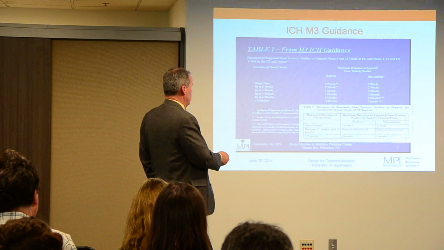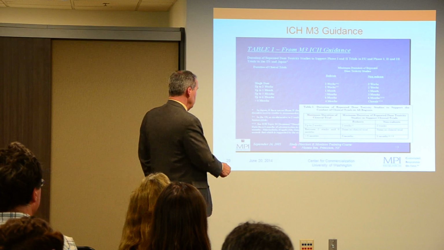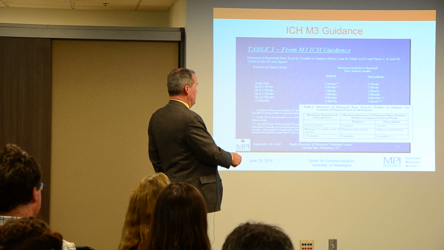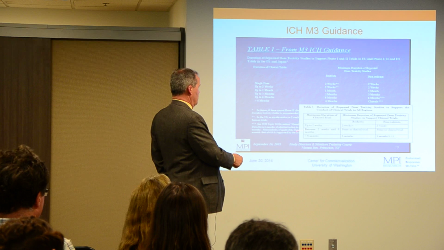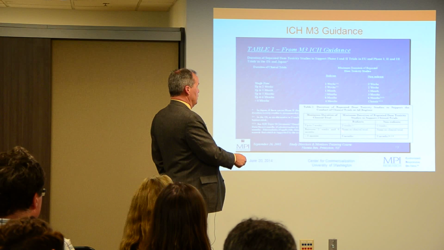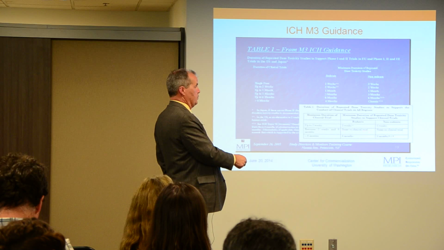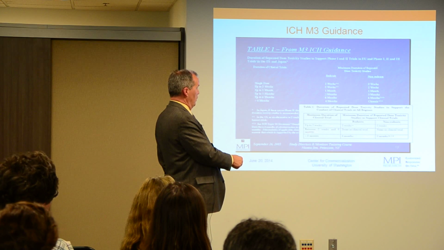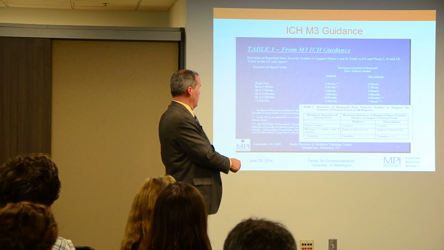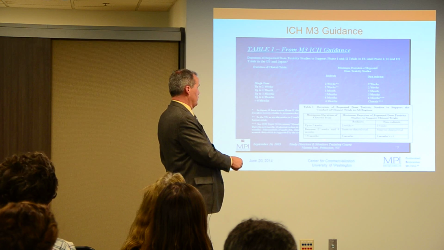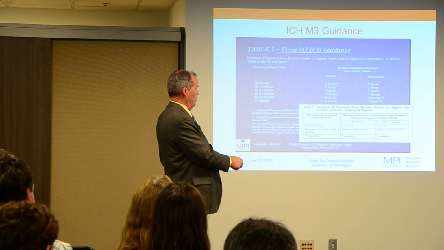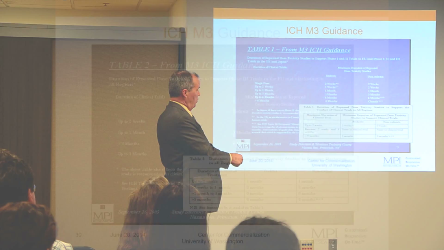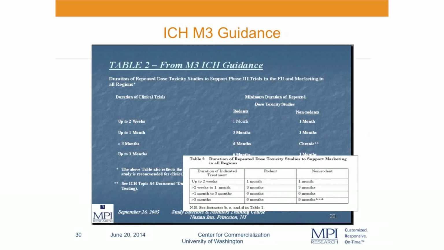Then between 2 weeks and 6 months, same as a clinical trial, so you have to cover the duration of the clinical trial. You were going a minimum of 2 weeks to up to 6 months if that's what your clinical trial started with. And then greater than 6 months, you had a 6-month rodent and non-rodent, and a 9-month non-rodent.